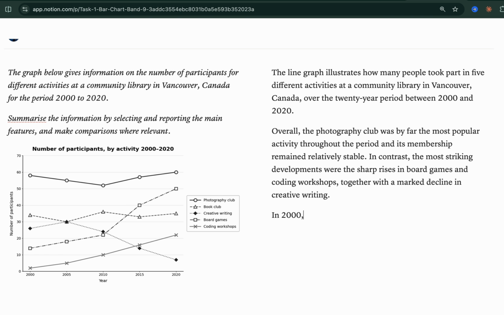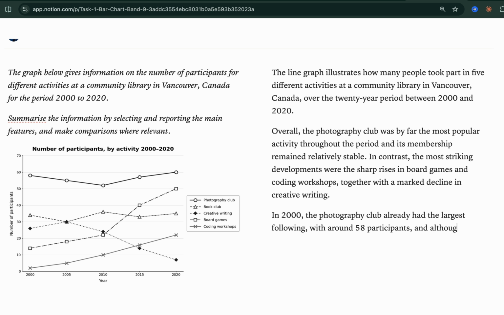In 2000, the photography club already had the largest following with around 58 participants, 59 participants. Like this is an approximate number, and well, you don't lose points for guessing the number because we don't have that exact figure.